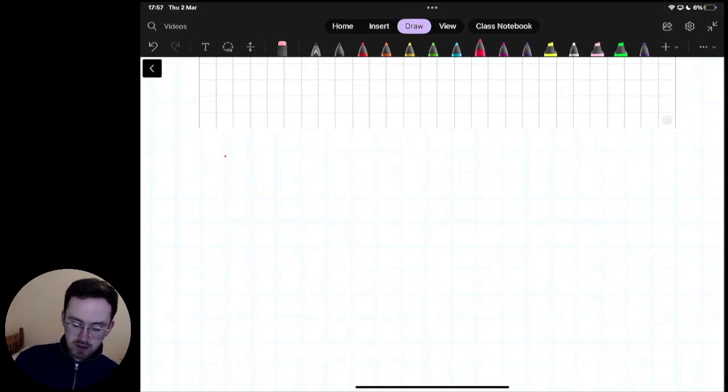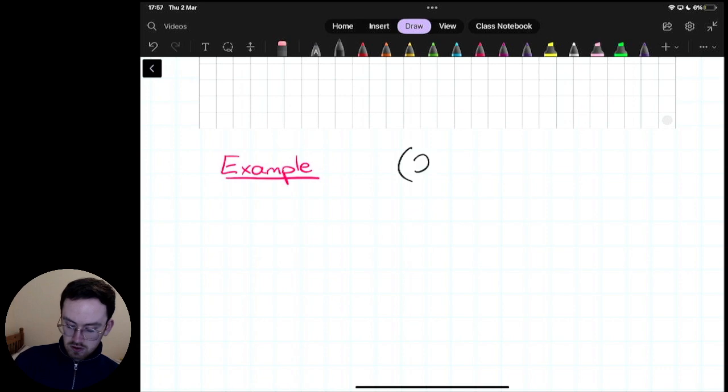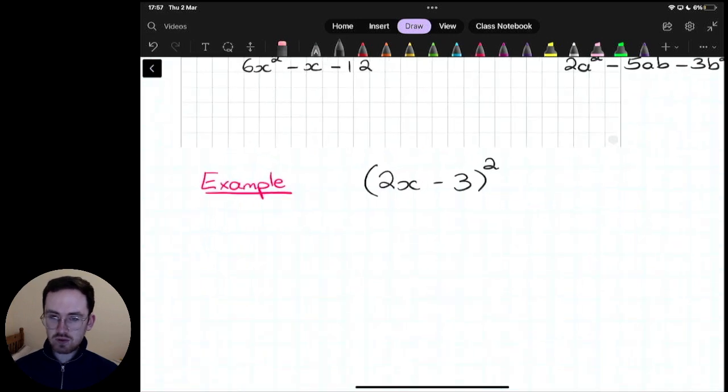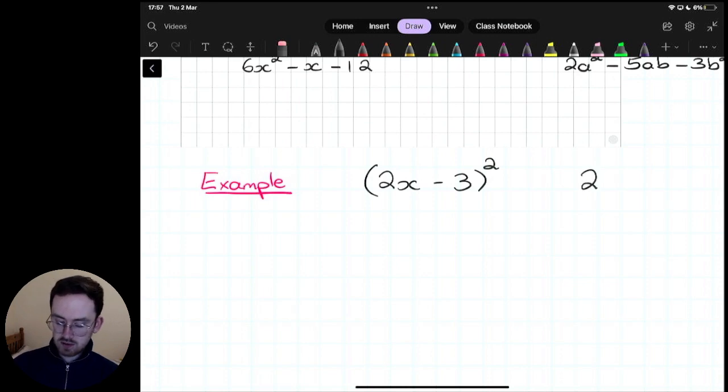So as an example, let's look at something like 2x minus 3 squared. Let's have a think before we start into the question. What does it mean for something to be squared? Well, 3 squared is 9, and 3 squared is the same as 3 multiplied by 3. 4 squared is 4 multiplied by 4.